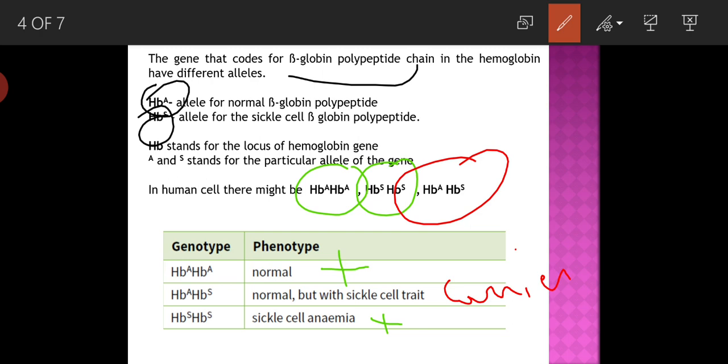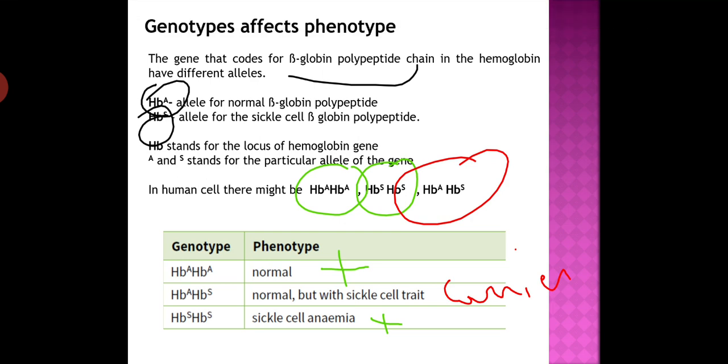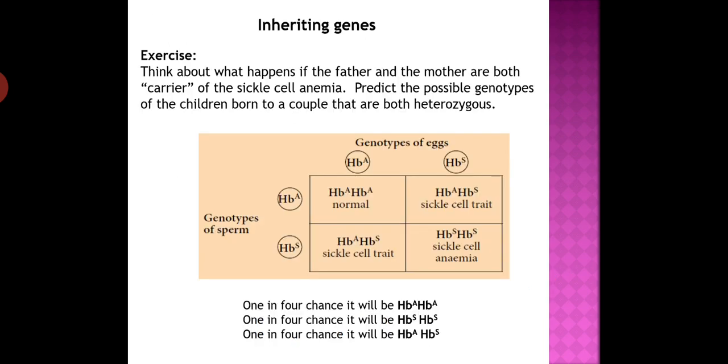So let's have a look at a simple example about hemoglobin and the problems in the beta-globin polypeptide chain that form sickle cell anemia. Here is an exercise which says, think about what happens to the children if the father and the mother are both carriers of sickle cell anemia.